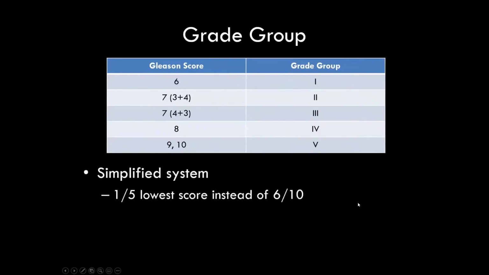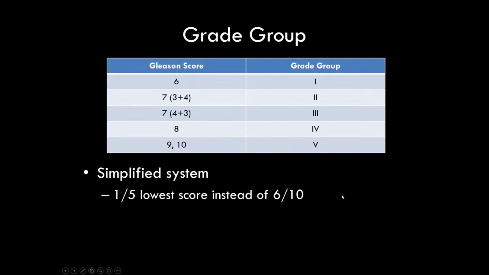To illustrate how it is helpful, for example, you see a patient with Gleason score 6, 3+3 carcinoma. We all know that that's a very indolent low-grade prostate cancer, right? But we would tell the patient and the urologist that you have 6 out of 10 cancer grade, right?